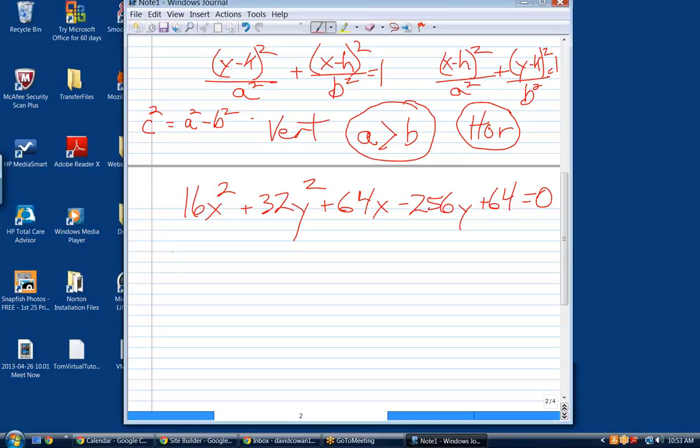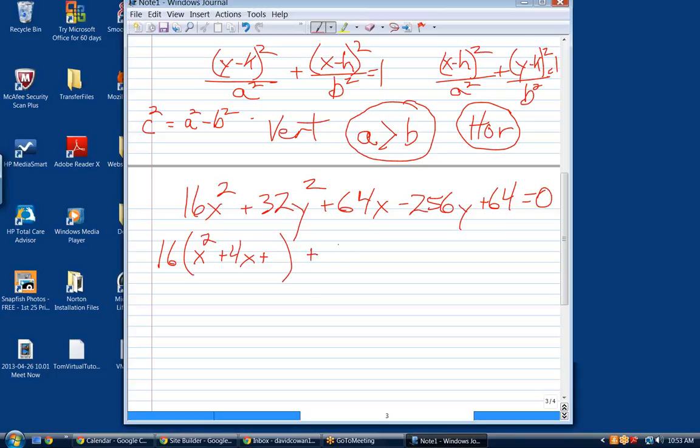So you're going to subtract 64 from the left and put it to the right. And at the same time, I'm going to regroup and factor at the same time. So I'll do it all at once here. I got 16 times x squared plus 4x. I'll leave room for plus something else.